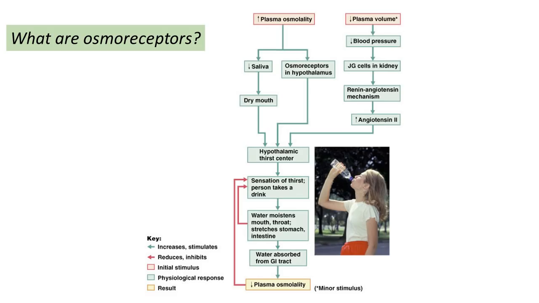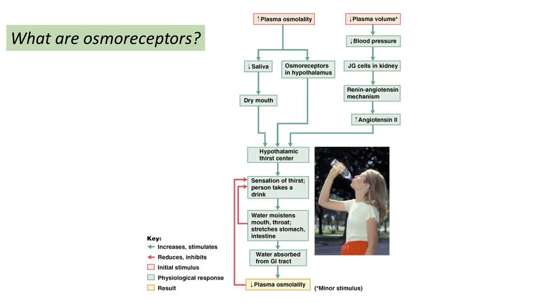So the major stimulus for stimulating the thirst center in the brain is plasma osmolality. When plasma osmolality increases due to dehydration, the osmoreceptors in the hypothalamus will fire, and then that will tell the thirst center in the hypothalamus to create a sensation of thirst, so that it will make you want to drink water, fluids, something to try to satiate that thirst.